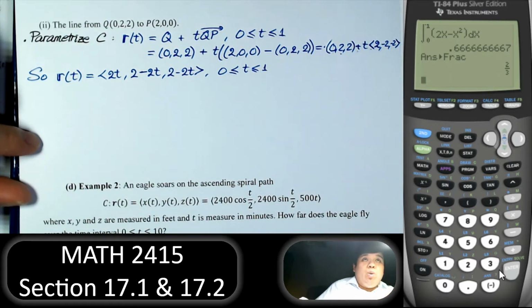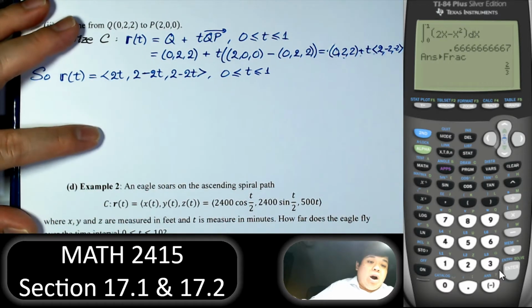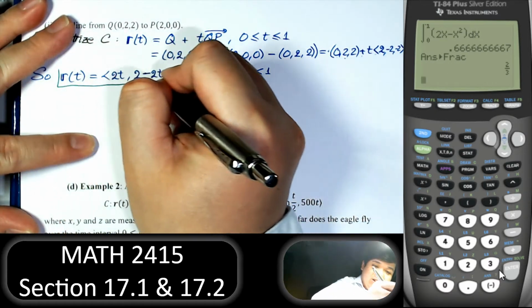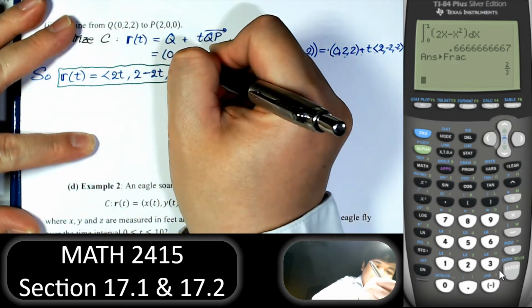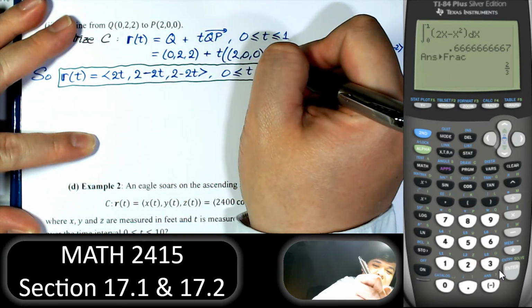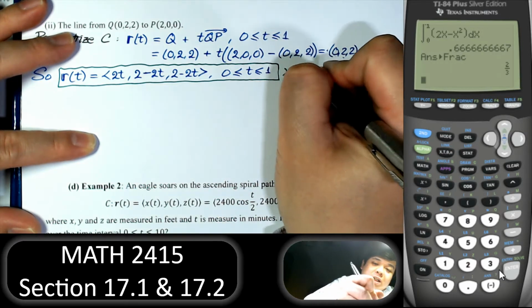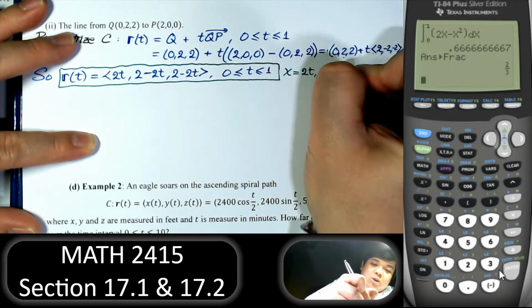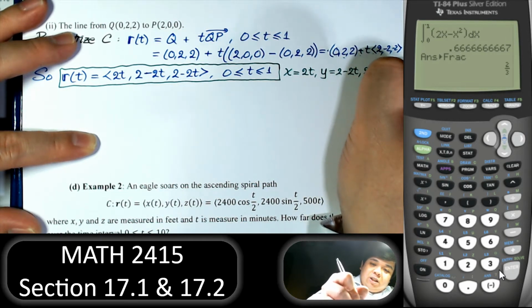So that's the first thing we need: parameterize the curve. We need to know what x, y, and z are. Here it's nice to know that x is 2t, y is 2 minus 2t, and z is 2 minus 2t.